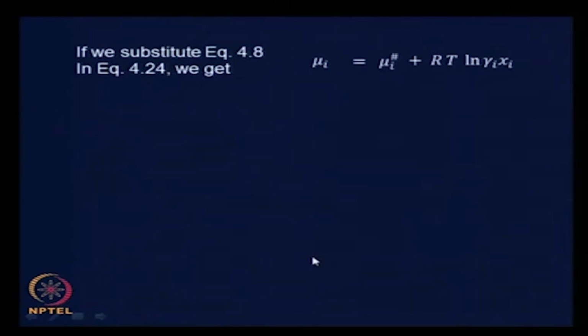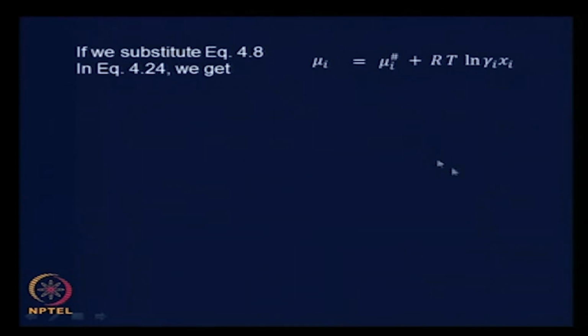Now, we substitute equation 4.8, which is mu_i equals mu_i hash plus RT ln gamma_i x_i. If you recall, this is the expression for a non-ideal solution of either liquids or solids.